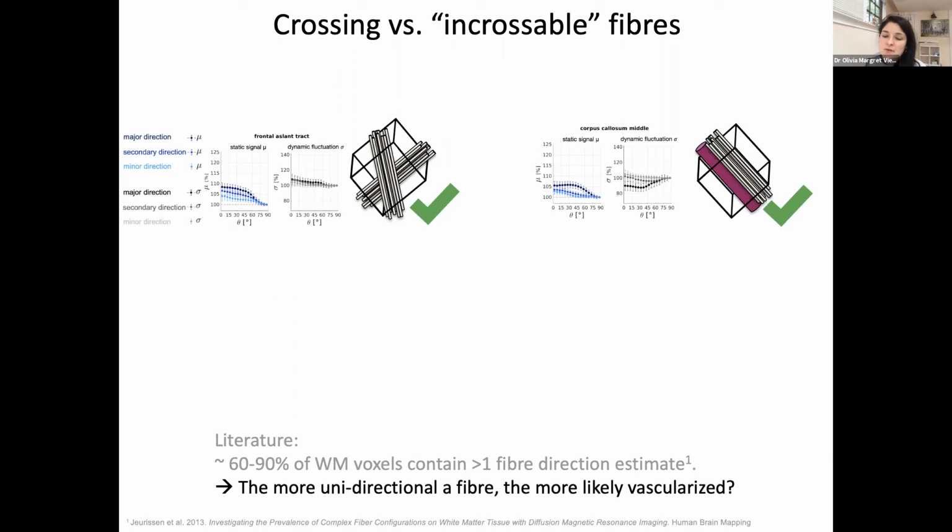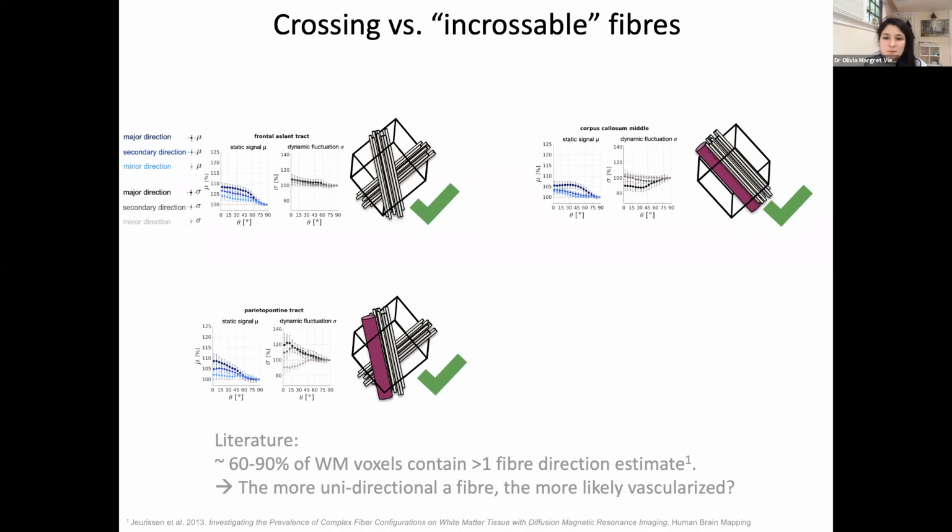And we see that the dominant fiber direction shows a dynamic orientation signature associated with dynamic BOLD changes. The other estimates show little orientation effects just because maybe the other directions are not really present, or also do not carry any vessels. The parietopontine tract is interesting. Here it is only the minor direction estimate that shows an orientation effect from dynamic BOLD, and maybe it is only the minor direction that has vessels running in parallel.